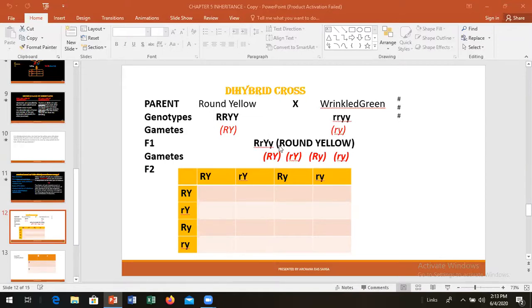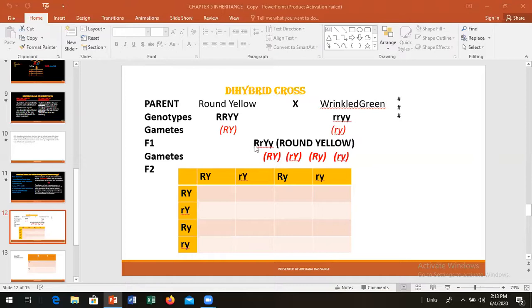Why? Because round is dominant over wrinkled, yellow is dominant over green. And we already know that whatever is expressed in F1 is the dominant trait, as stated by Mendel. So the F1 plants are round, yellow phenotype.